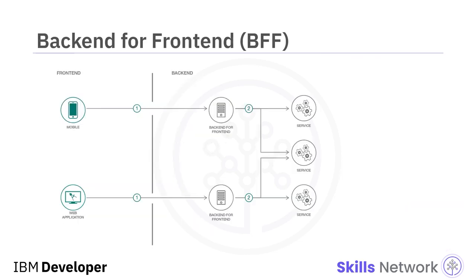Now, this diagram illustrates a great use case for a backend for front-end application architecture. Suppose a user can access an application via a mobile app or a web application on a desktop. When applying a BFF pattern, you develop one backend specifically for the mobile experience and another backend for the web experience. Each backend knows how to call the correct services and orchestrate code to optimize the requested channel's experience.